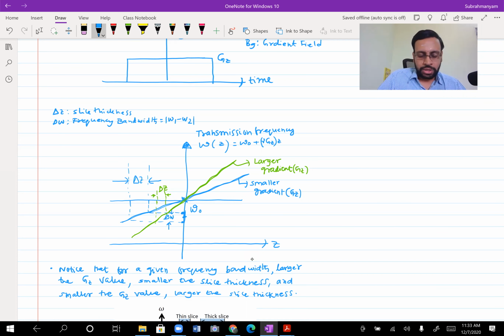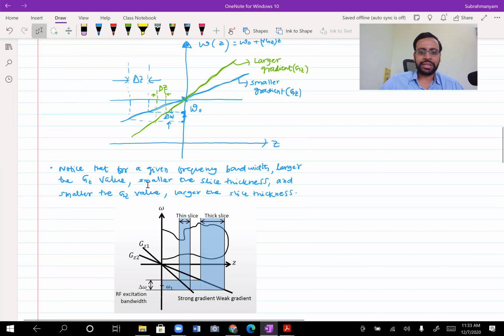You could see that for a small change here, when your gradient is high, what is going to happen? What are the Z values within this range? That is not at all difficult.